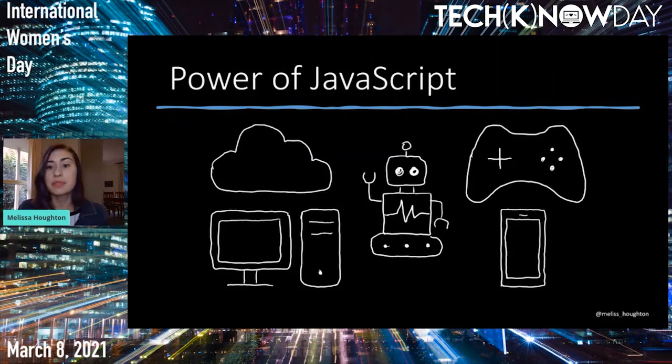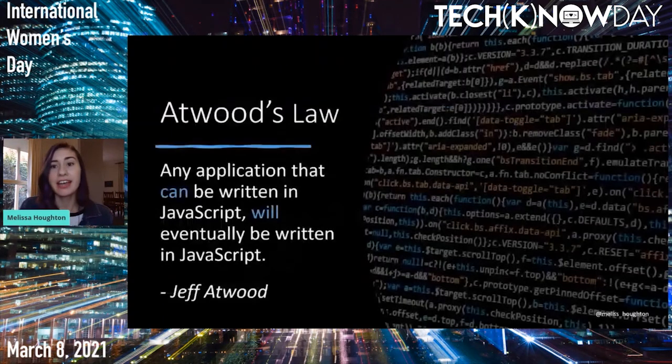There is a concept called the rule of least power from Tim Berners-Lee, the creator of the web, that suggests choosing the least powerful language that is suitable for a given purpose. And as a corollary to that rule, we get Atwood's law, which states that any application that can be written in JavaScript eventually will be written in JavaScript.